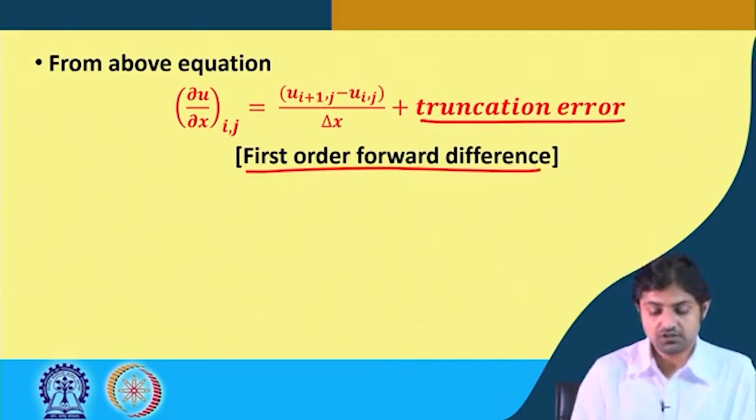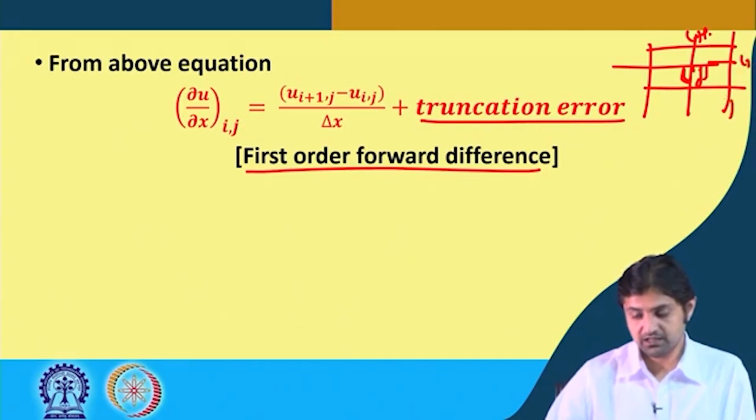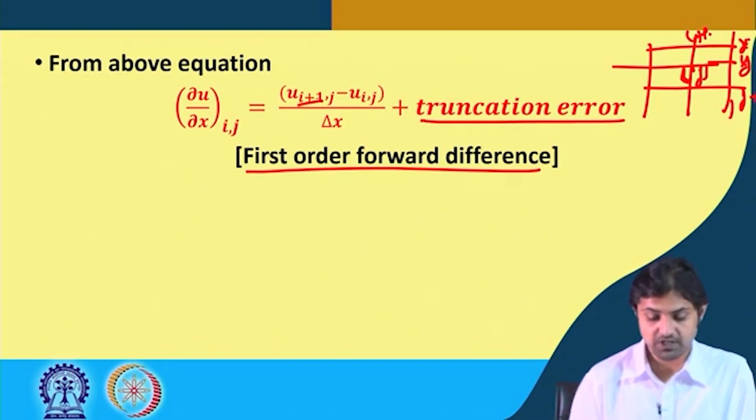Forward because we have i+1. So, say this is i,j and this is the i+1 line, and this is the j line, this is j minus 1 and this is j plus 1, then that means it is forward, i+1.